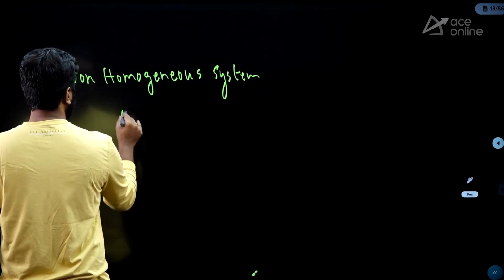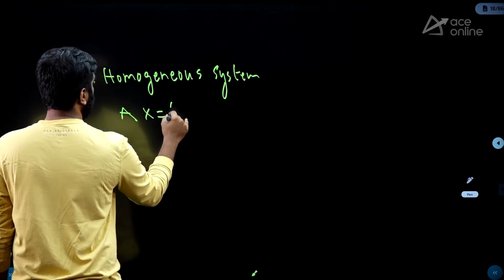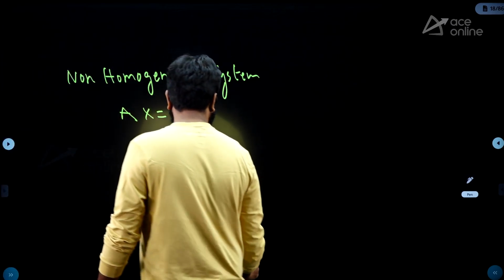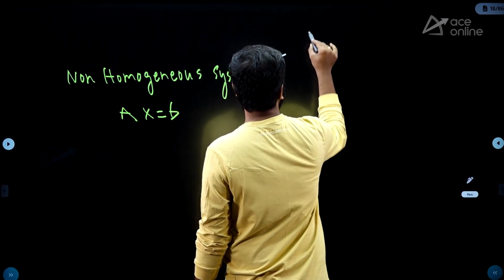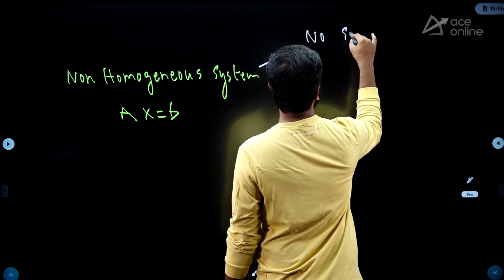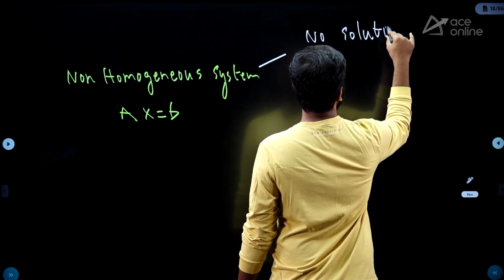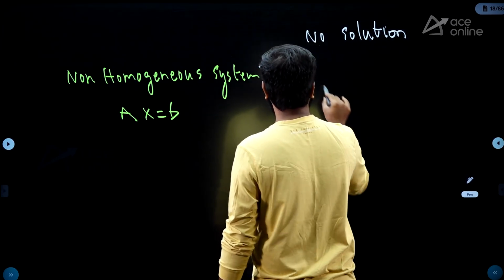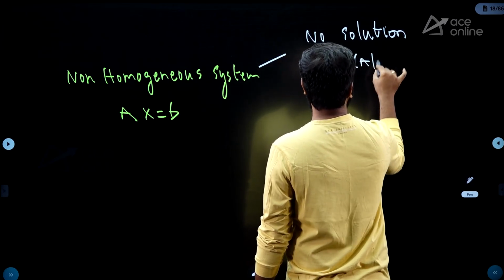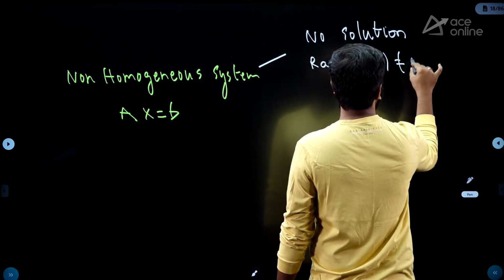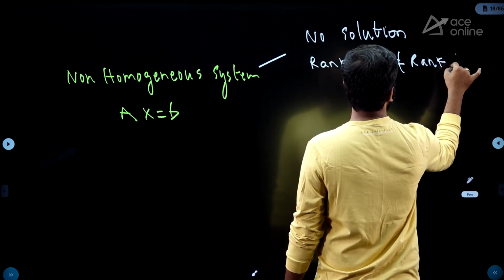Non-homogeneous system, which is in the form of Ax equal to b. It has three possibilities. So let's know what they are. The first one is the case of no solution. So when does this happen? This happens when rank of AB is not equal to rank of A.